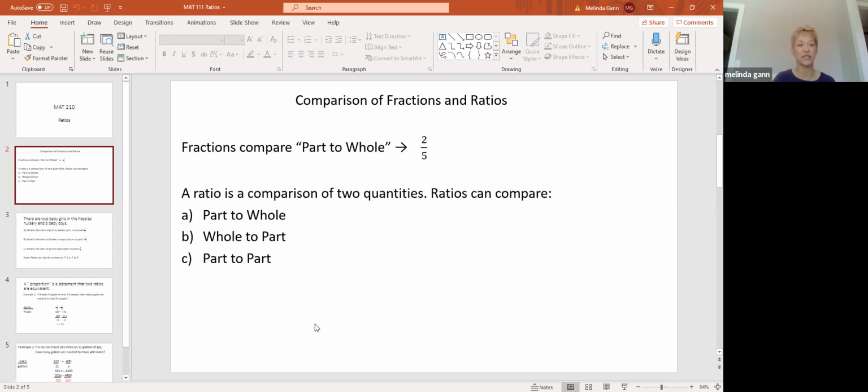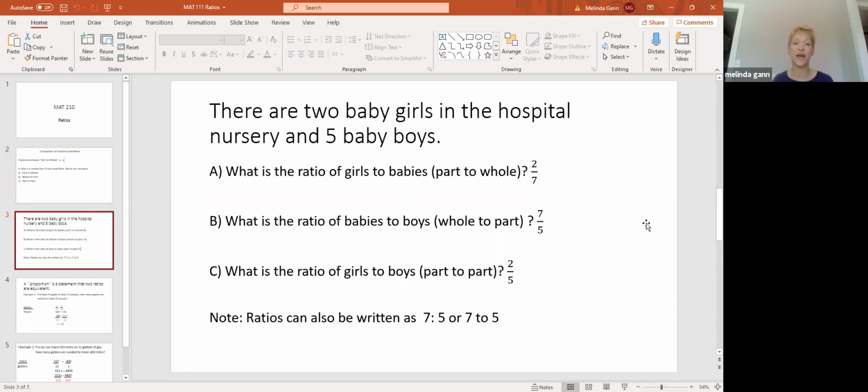So let me show you an example of what I'm talking about. What if the statement was: there are 2 baby girls in the hospital nursery and 5 baby boys. So 2 girls and 5 boys in the hospital nursery. What if they ask you, what's the ratio of girls to babies? Do you see that that would be asking you to compare a part to the whole?